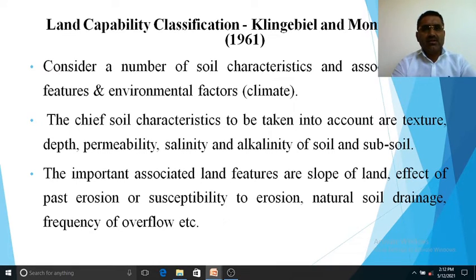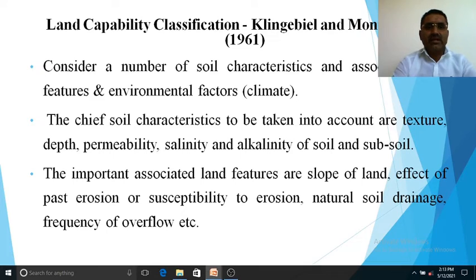So this is also helpful whenever we do the land capability classification. The chief soil characteristics to be taken into account are texture, depth, permeability, salinity and alkalinity of soil and subsoil.